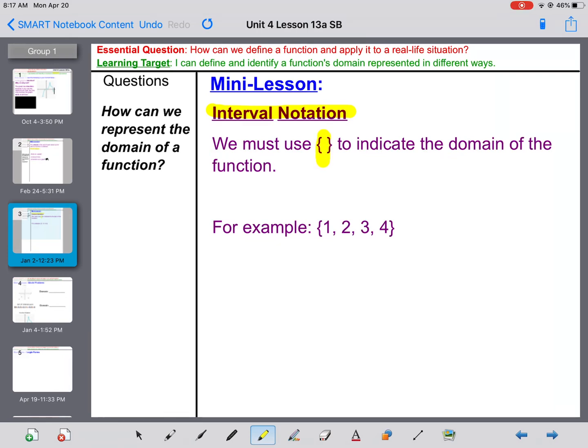And we're going to be identifying the domain or the x values in those brackets. So for example, let's say we have an x value of 1, we have an x value of 2, we have an x value of 3, and we also have an x value of 4. We're going to be placing them in the brackets just like where it says, for example. That's how you would represent the domain of that function.